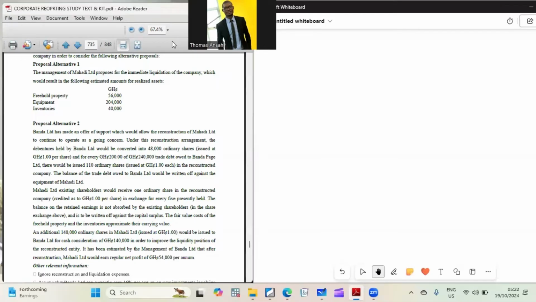So you analyze it. Then for every 200 of the 240 trade debt owed to Banda Limited, it should be Banda Limited, there would be issued a 110 ordinary share, which price is also at 1 Ghana cedi in the reconstructed company.